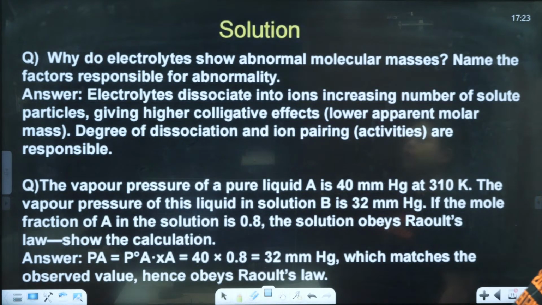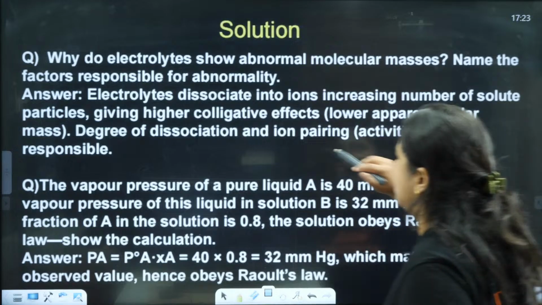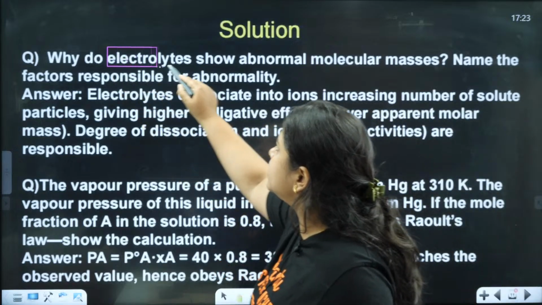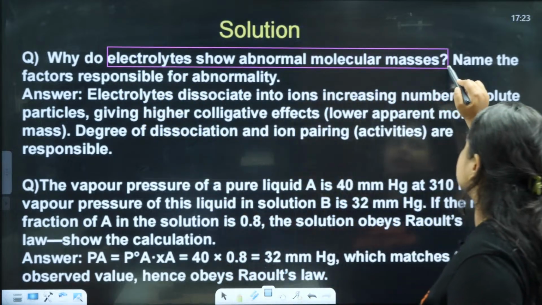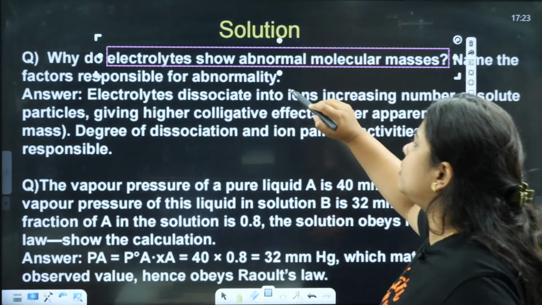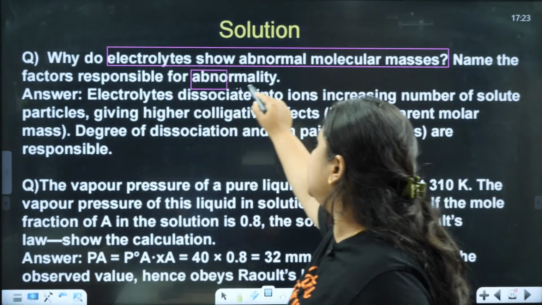Why do electrolytes show abnormal molecular masses? Name the factors responsible for the abnormality.